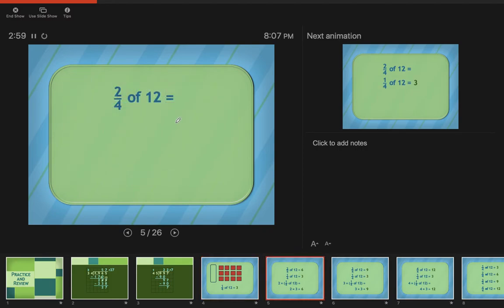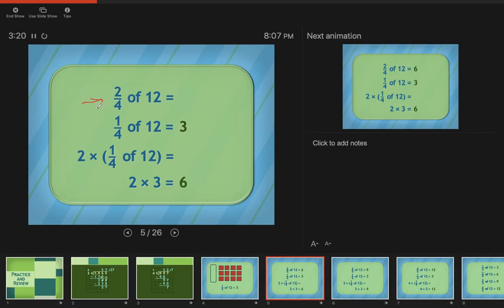Let's do another one. What about 2/4 of 12? What is 2/4 simplified to? A half, right? So if 1/4 of 12 is 3, and 2 times 1/4 of 12, 2 times 3, go back up here.